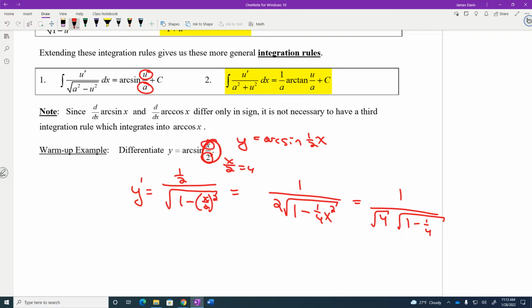That's the same thing, right? And then you're allowed to actually bring that 4 in. So that 4 has to multiply times both of these, so we end up getting 1 over the square root of 4 minus x squared, because this 4 is going to get multiplied into both of these.